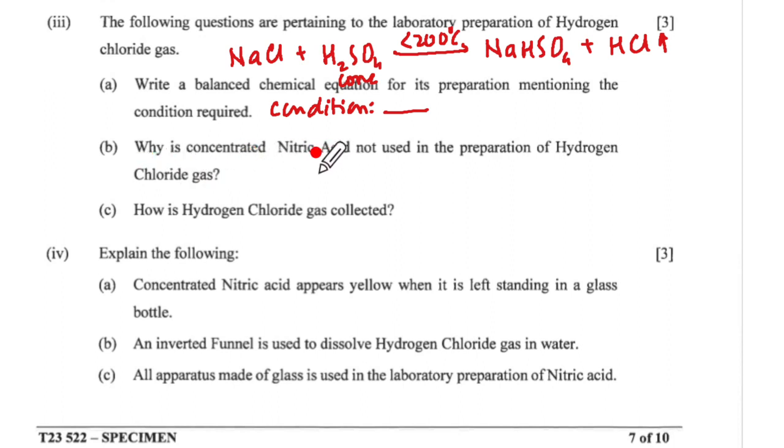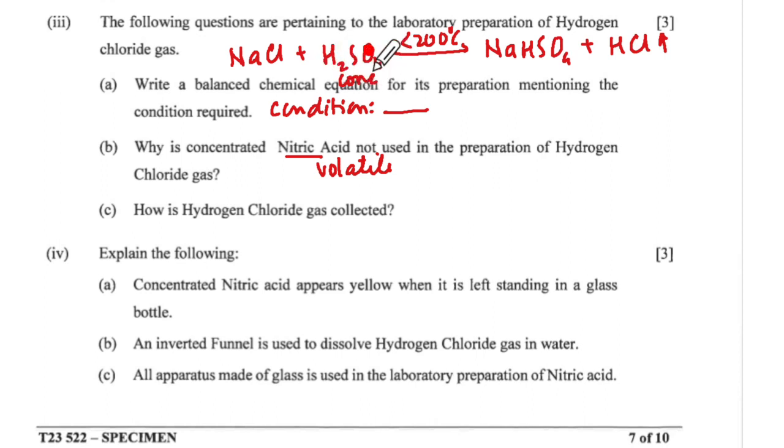Why is concentrated nitric acid not used in preparation of hydrogen chloride gas? Now nitric acid is a volatile acid. It's got a very low boiling point, and that is why hydrogen chloride also is volatile. You cannot use a volatile acid to displace a volatile acid.